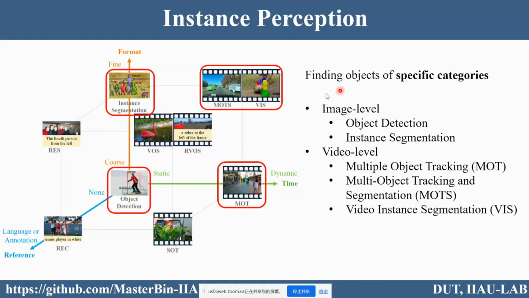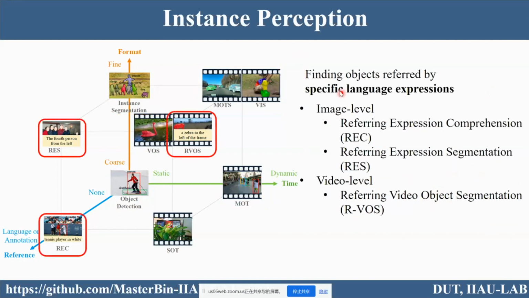According to the properties of the objects, these tasks can be divided into three classes. The first class aims at finding objects of specific categories, including image level tasks, object detection and instance segmentation, and three video level tasks, multi-object tracking, aka MOT, multi-object tracking and segmentation, MOTS, and video instance segmentation, VIS.